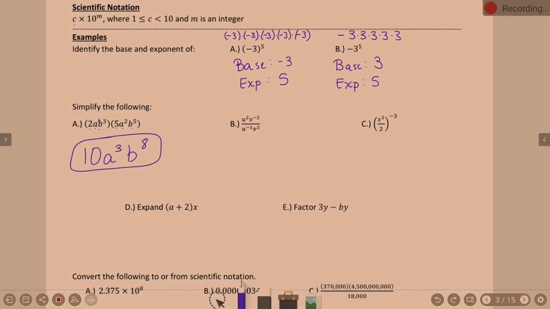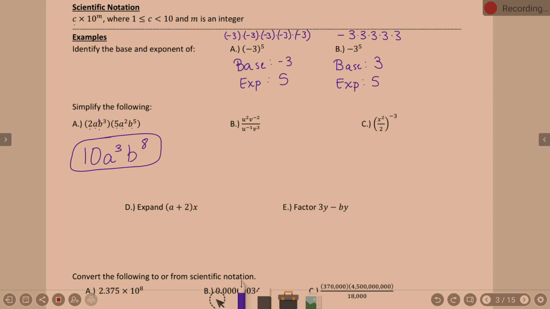Thoughts on how you want to do B? First, you subtract them, and then you simplify it. Okay. So this last one we are multiplying, so we kept the base the same and we added. This one we are dividing, so keep the base the same and subtract.